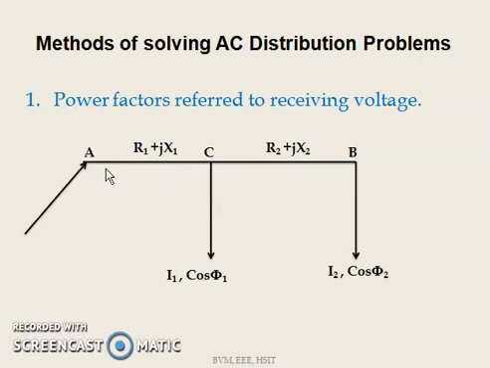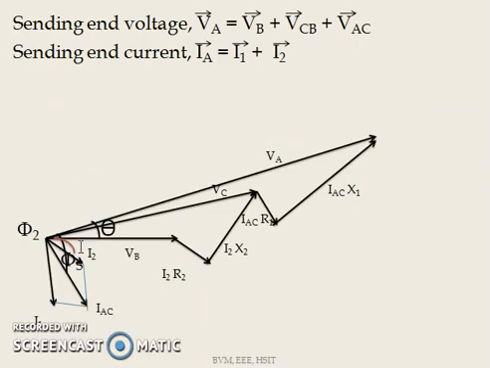That's all. Understood? So see here, VB is taken as a reference. When current I2 flows through R2, we will have a voltage drop in phase with I2. When the current flows through the inductive reactance, there will be a voltage drop I2X2.